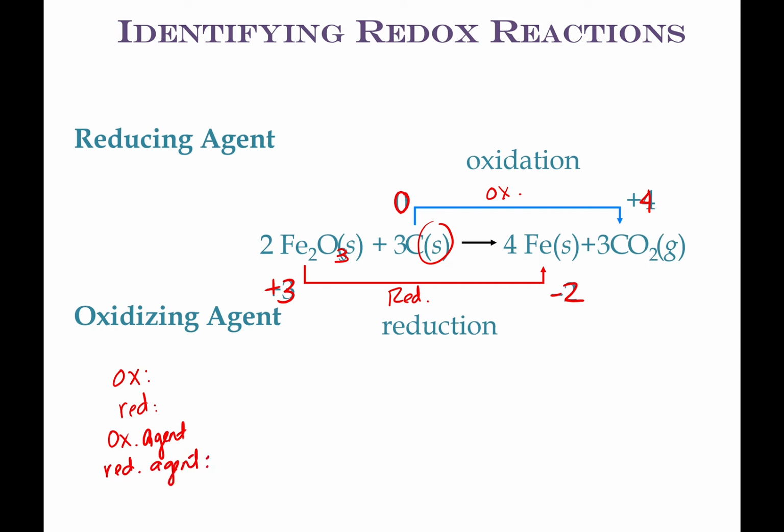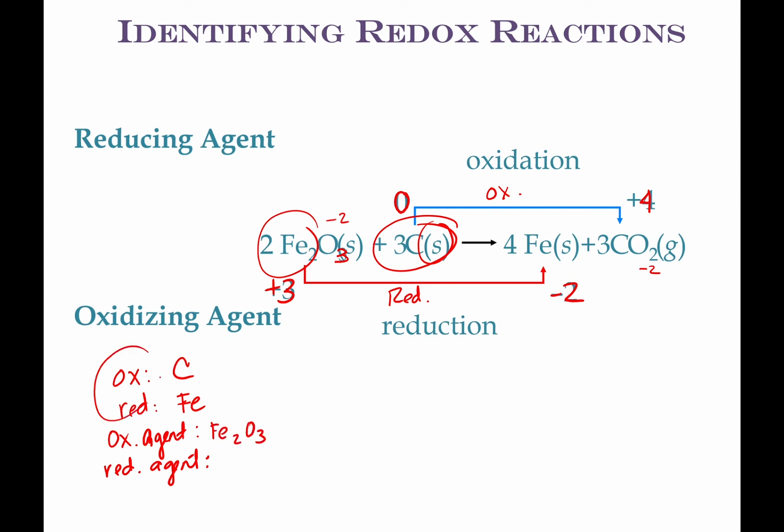So oxidized was carbon. Reduced was iron. So in this case, even though it's Fe2O3, we're only going to write iron because iron was the element that was reduced. Oxygen did not change here. Oxygen is -2 on the left and -2 on the right, so it doesn't change. The oxidizing agent contains the element reduced, so the element that was reduced was iron, and this is where we actually write the entire compound, so Fe2O3.